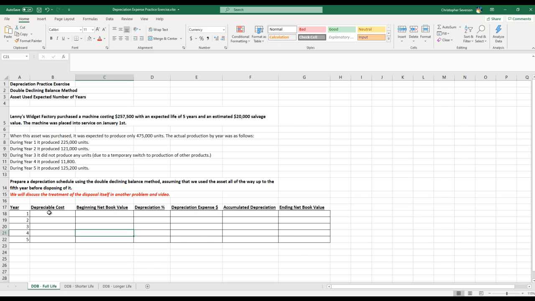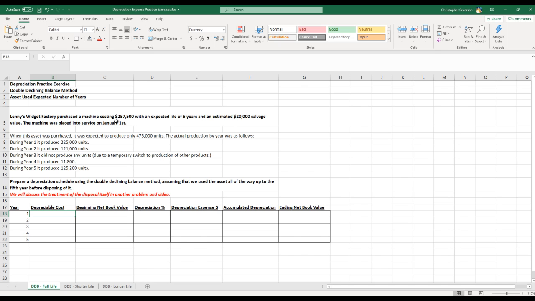Depreciable cost. This is important for straight line and units of production, but it is not used for double declining balance. The depreciable cost, what that term means is the amount of cost you want to depreciate throughout the asset's life. So it's basically your historical cost minus the salvage value.